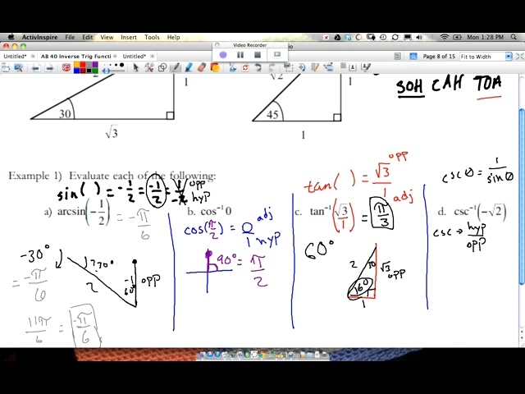Let's work with that. So we're trying to see cosecant of what equals negative square root 2 over 1. Remember, this is always over 1, and that's always going to be helpful to us. So the hypotenuse, let's keep the hypotenuse positive and then use the opposite side to be negative. So this is our hypotenuse, and this is our opposite. So the hypotenuse is square root 2, but the opposite is negative 1.